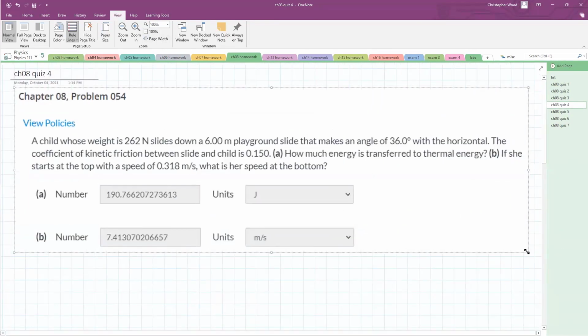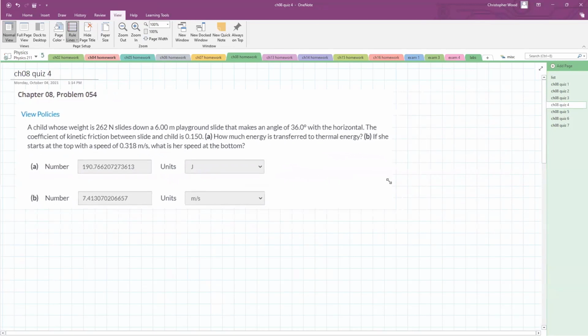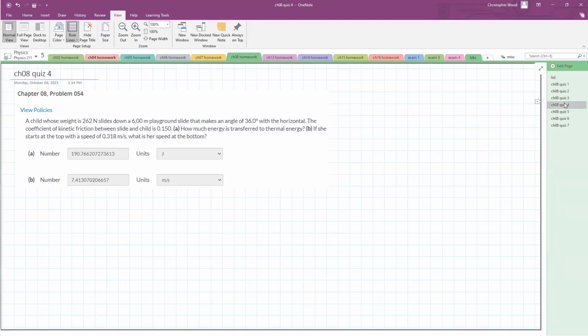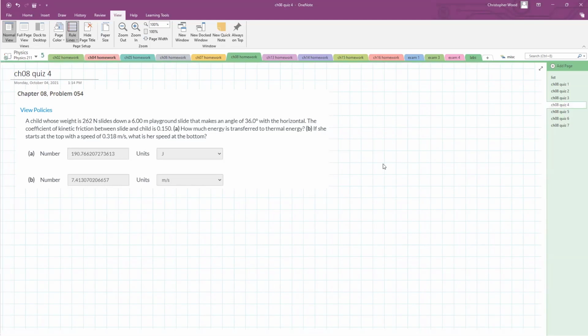All right, this is a child sliding down a slide. Hold up, Professor. I think you have the wrong problem for quiz 4. Chapter 8, quiz 4. Let me double check. Let me try it one more time, just to make sure. Chapter 8, quiz 4.